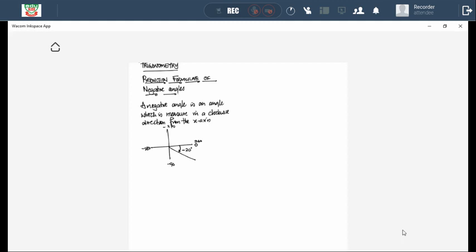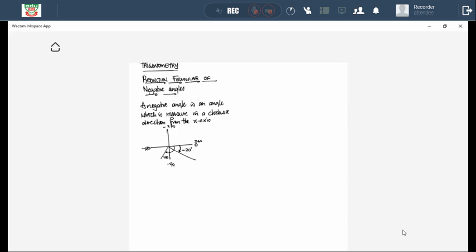So if someone asks which quadrant negative 100 is in, it is between negative 90 and negative 180, which is the third quadrant.